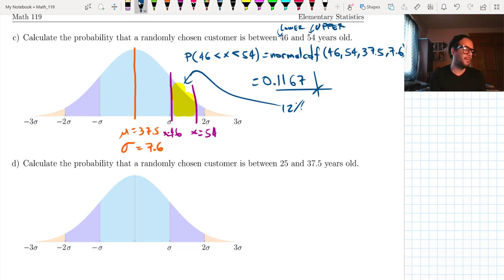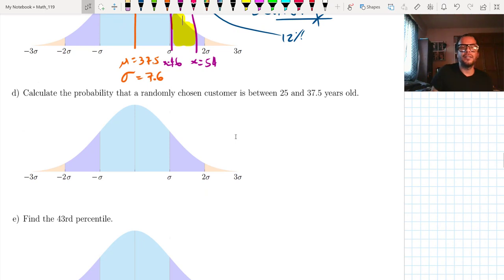Okay, so let's see. Let's look at another example. The probability that a randomly chosen customer is between 25 and 37.5 years old. Okay, let's write down the mean first.